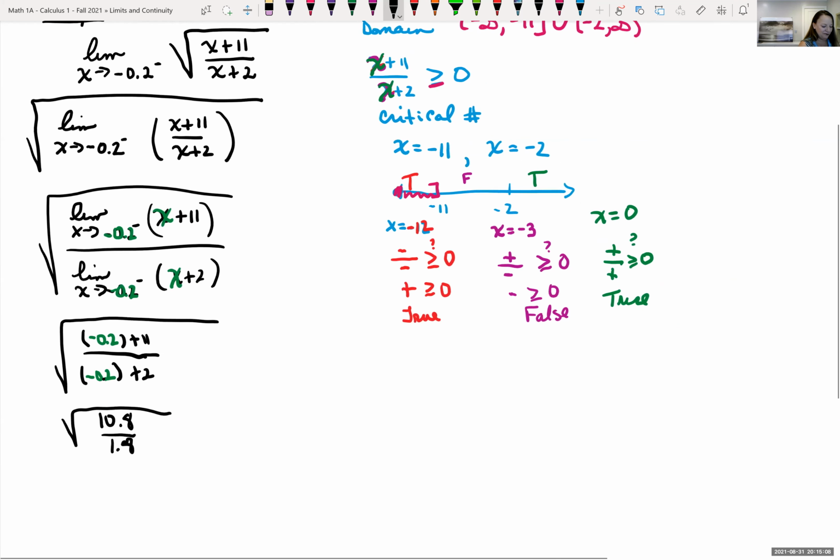I'm seeing if I can do this without a calculator, but technically we can get rid of the decimals within our fractions by multiplying by a fancy 1. I need that decimal place to move over once, so I can multiply both the numerator and denominator by 10 underneath that radical. So I have 108 over 18.